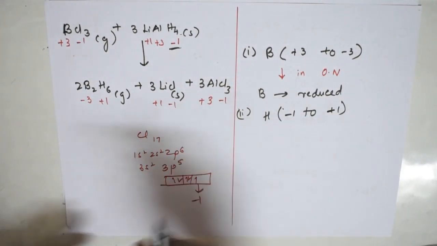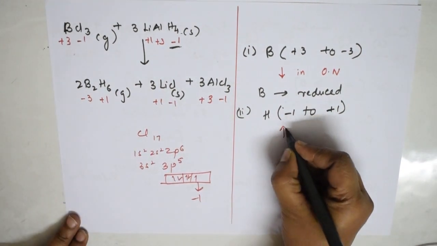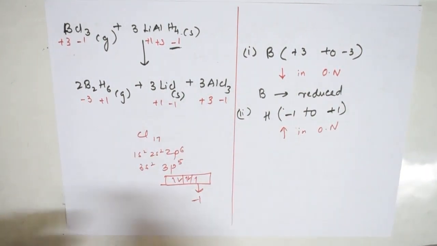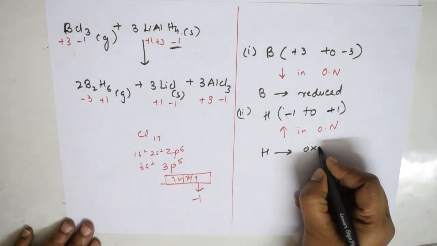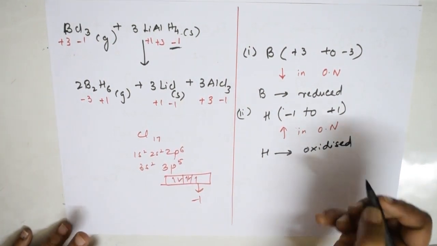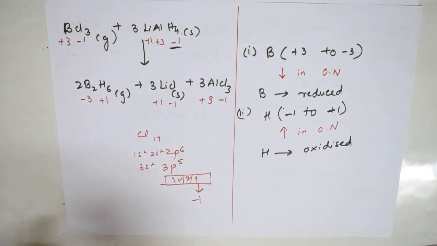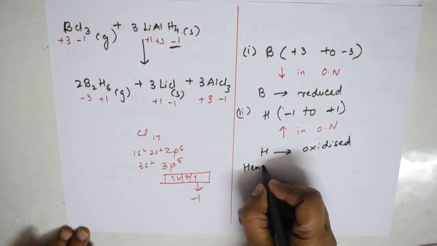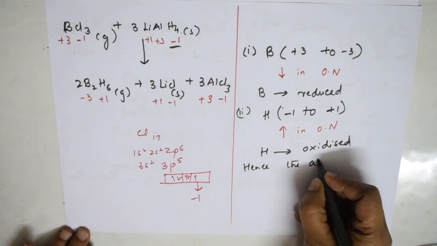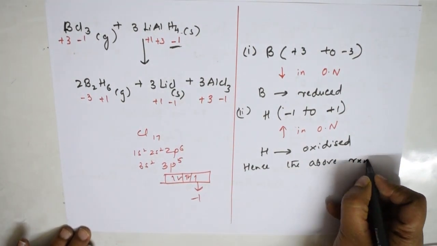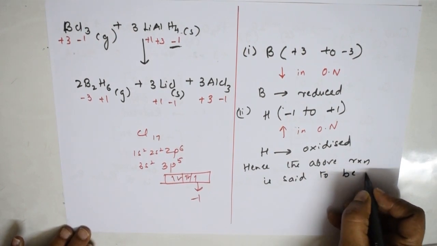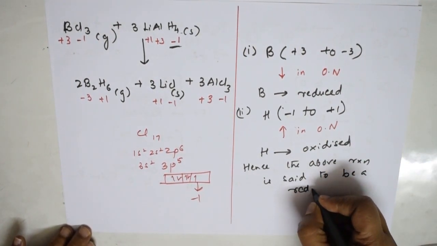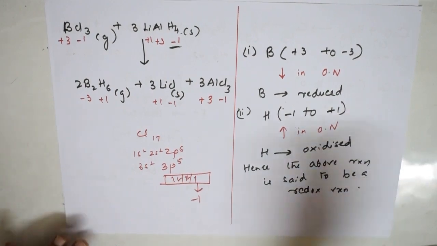So what happened? There is an increase in oxidation number, so hydrogen is said to be oxidized. Here both reduction and oxidation are happening. Hence the above reaction is said to be a redox reaction. Okay, they are redox reactions, right?